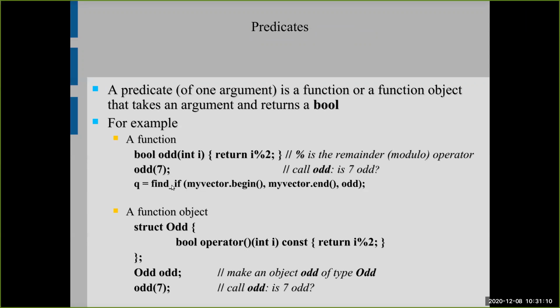So for example, when I have algorithm find if, it looks for an element for which the predicate returns true. So here I have the definition of predicate, and find if for every element in this range from begin to end, it calls odd. And if it returns true, it treats that the proper element was found. Okay.